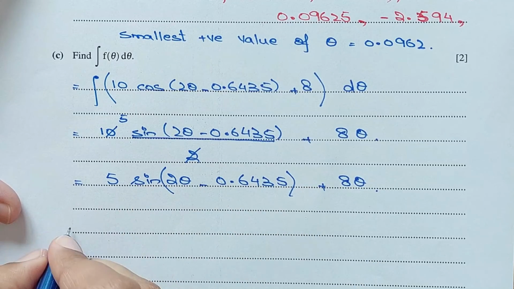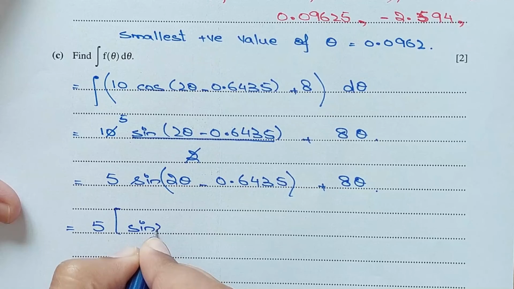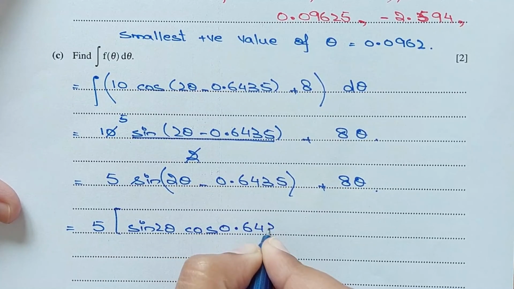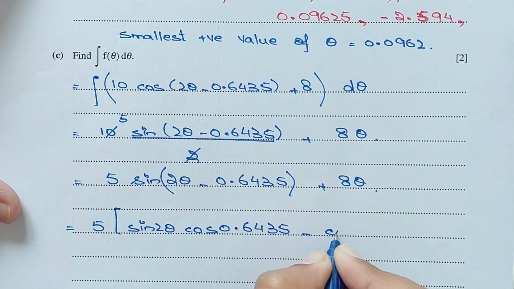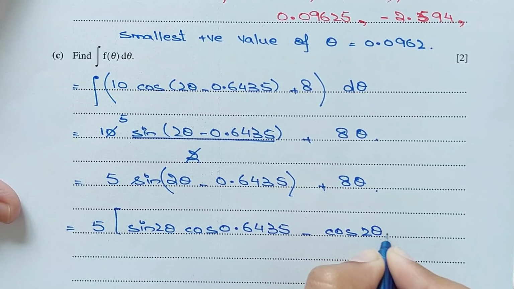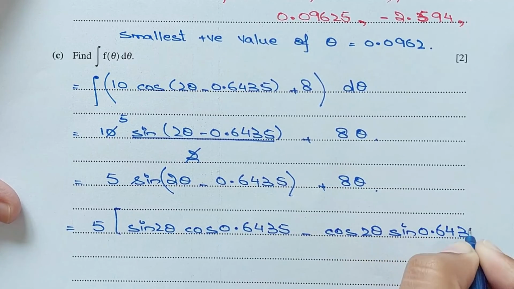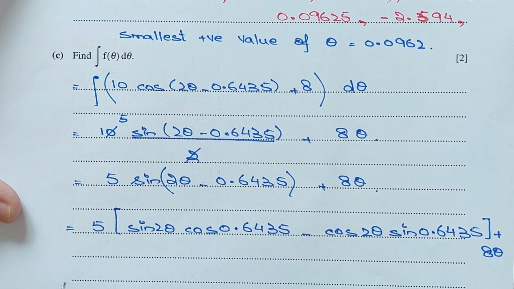So we have 5 [sine 2 theta cos 0.6435 minus cos 2 theta sine 0.6435] plus 8 theta, right?